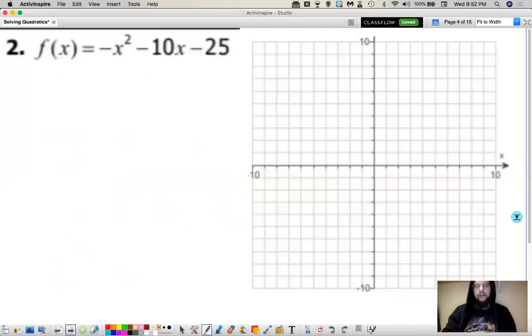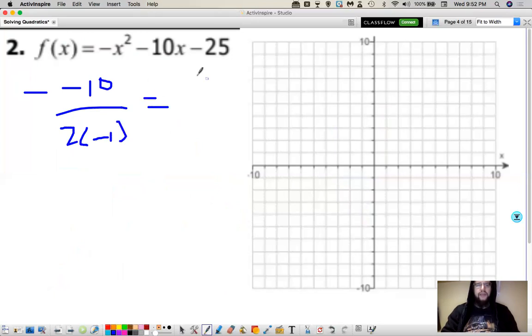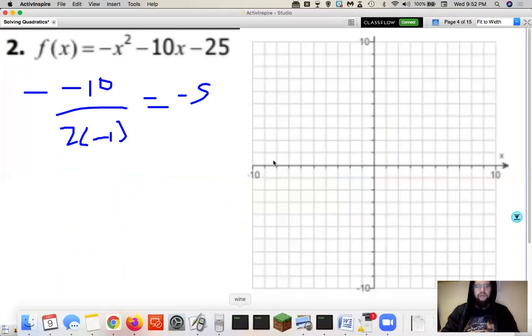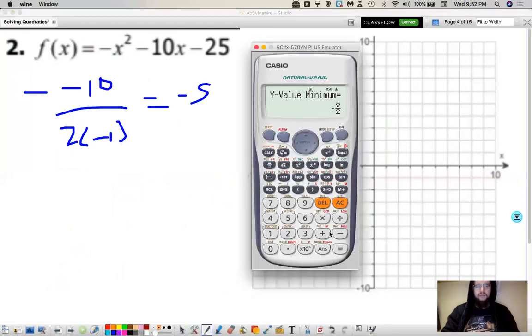Let's try another now. Negative b over 2a. Enough negatives for you? That's going to be -5. That's going to be 25, 50. Oh, 0. No, let me double check. -1, -10, -25.